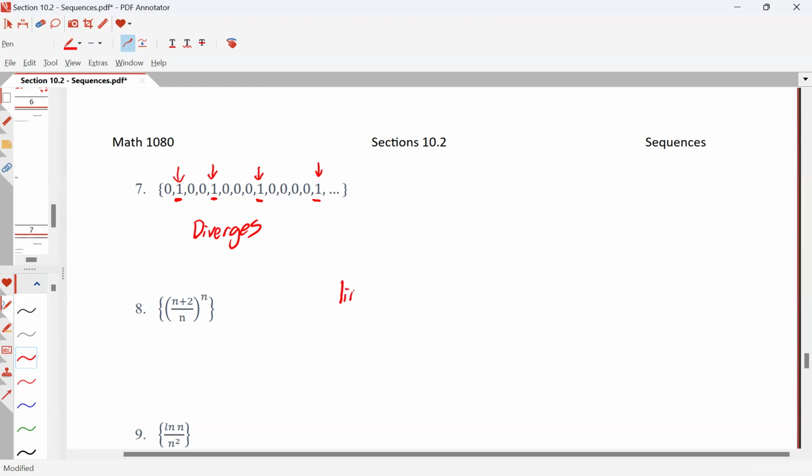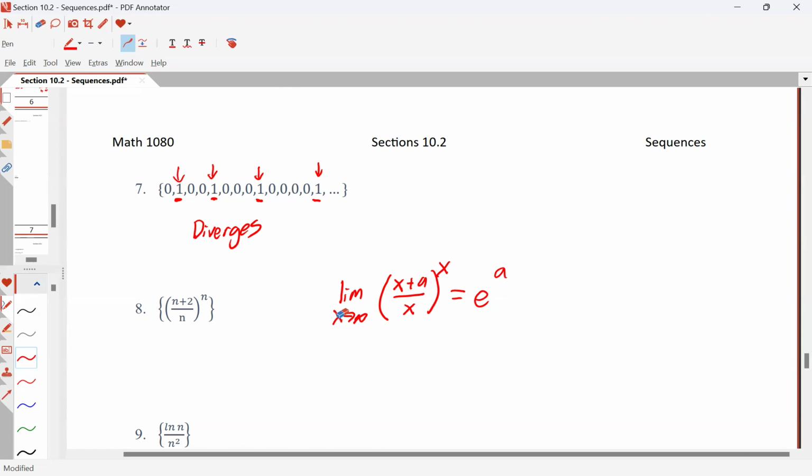We know for functions, and if it works for functions, it works for sequences, the limit as x goes to infinity of (x plus a over x) to the x equals e to the a. We can prove this using L'Hopital's rule. I'm not going to walk through that here, but we know this for a fact.